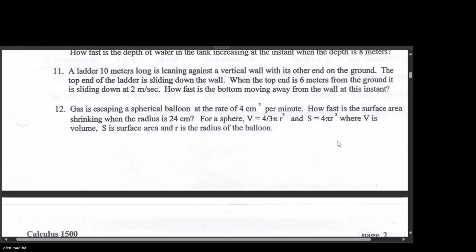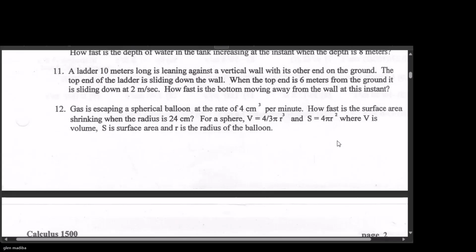Then I derived the formula for the derivative of surface area, again by deriving the left-hand side and the right-hand side of the formula with respect to t. So I have ds over dt is equal to 8 pi r times dr over dt.